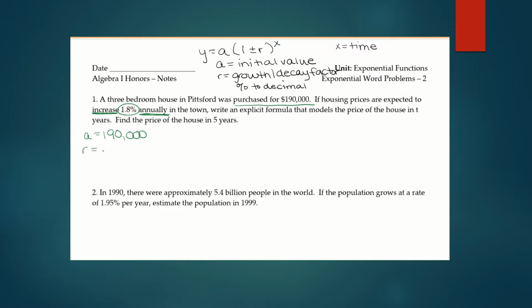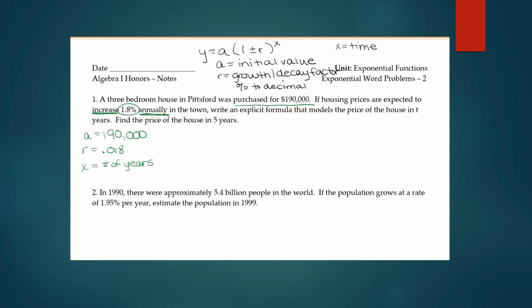I'm going to turn 1.8 into a decimal. Oops, and I get 0.0. Oh, you did not erase for me. There we go. 0.018. Okay. Last but not least, our x is going to be number of years because we are increasing annually.